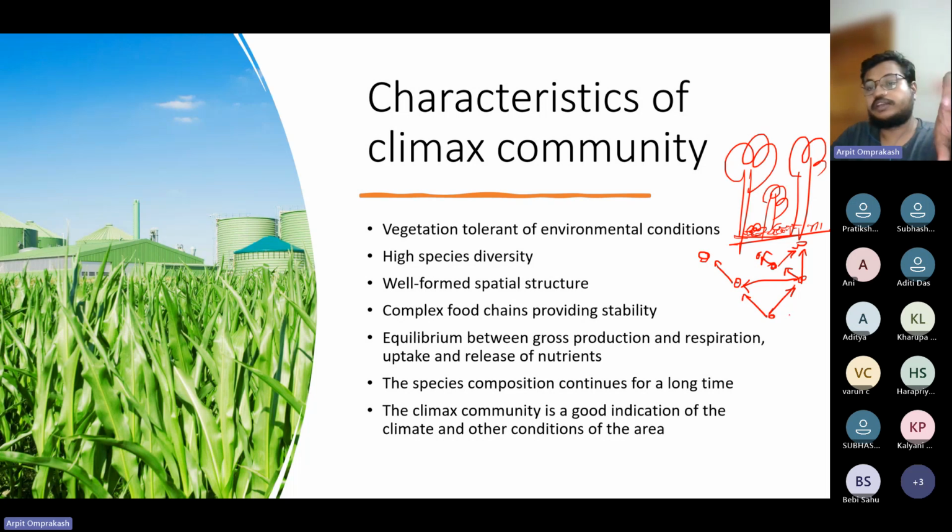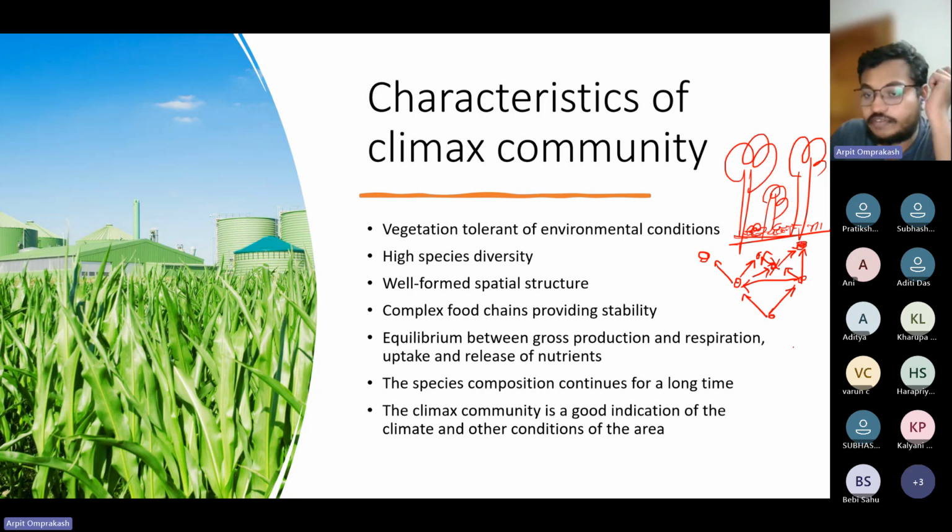These complex interactions and complex food chains provide stability, because if one of these organisms is not present, for example this species is not present, even then all of the other species can survive.